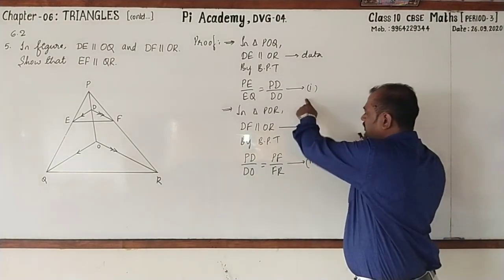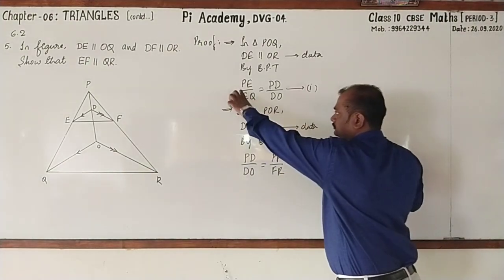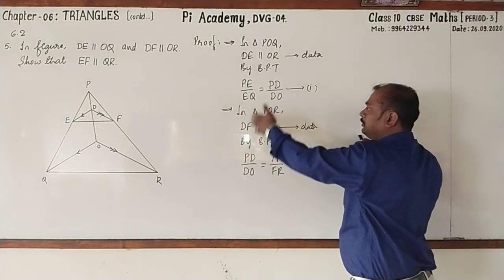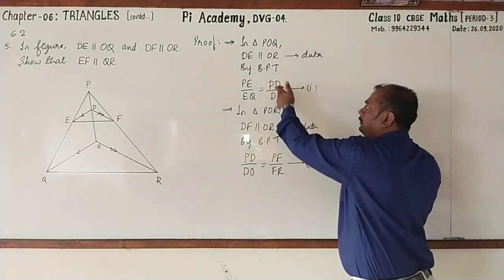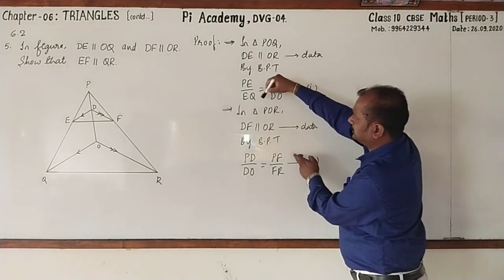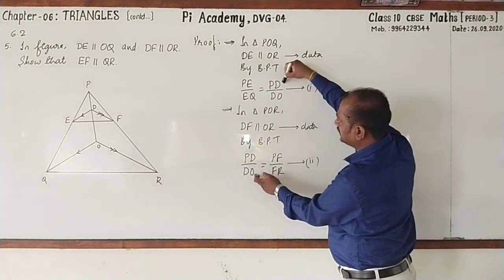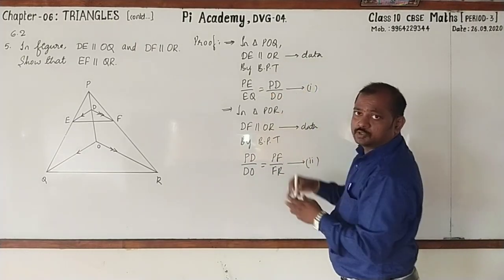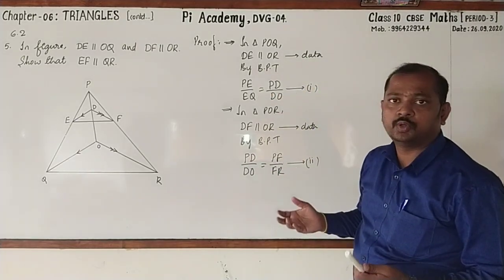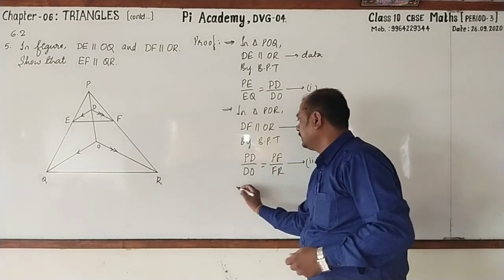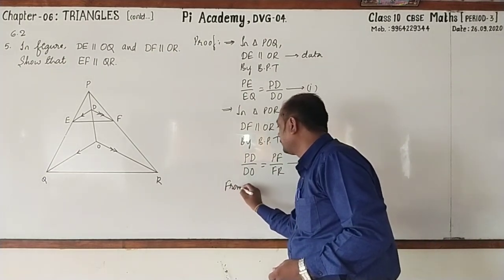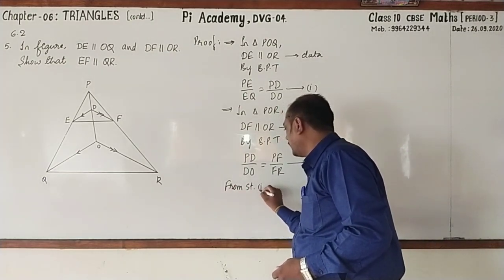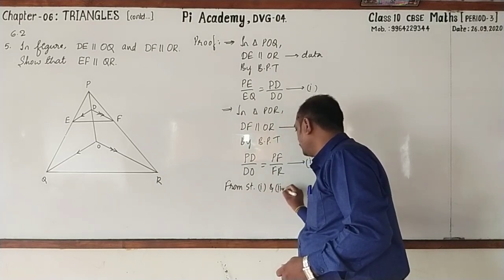Look here. Observe statements 1 and 2. In both, the ratio is equal to PD by DO. So these are two different things equal to the same thing. Hence they are equal to one another according to Euclid's axiom. Here I write from statements 1 and 2 and axiom.